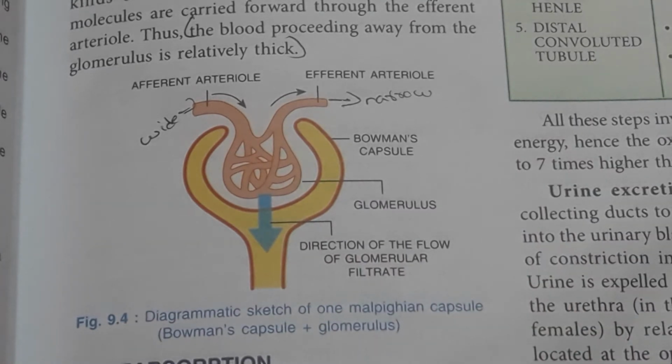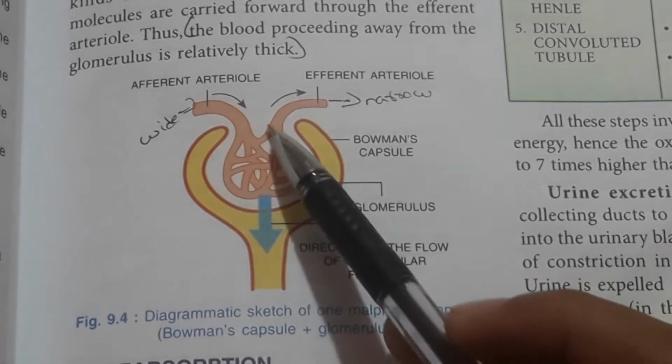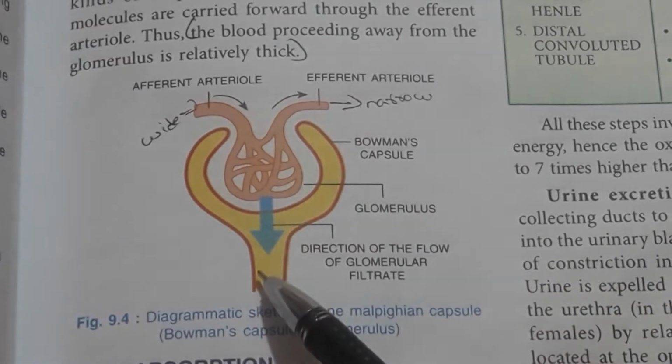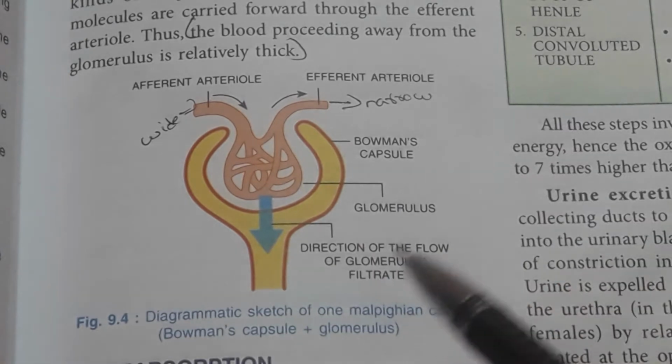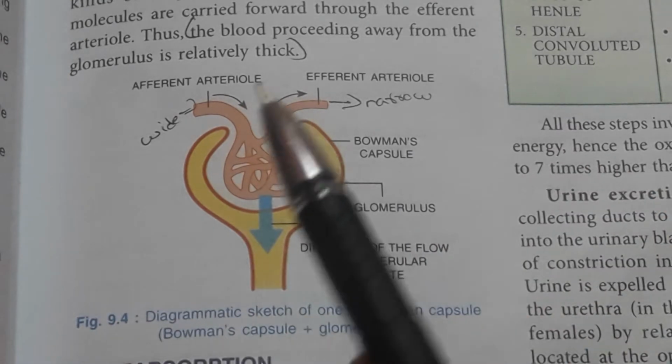Now moving to the second part, that is reabsorption. The glomerular filtrate entering the renal tubule is not urine.